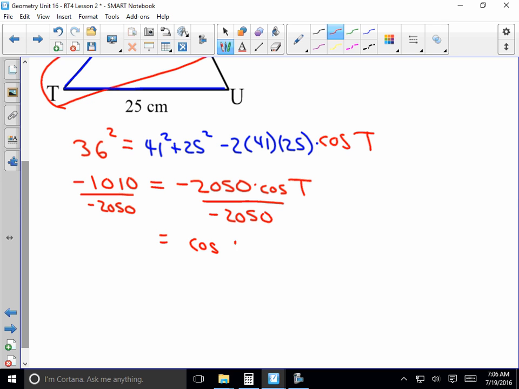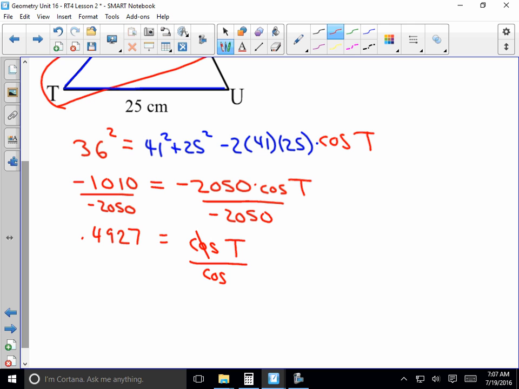And I get the cosine of T equals 1010 divided by 2050 equals 0.4927 rounded to 4 decimal places. And remember, whenever we're using trig functions, we want to go with as many decimal places as possible. 4 is a really good number to work with to make sure our answers are correct.